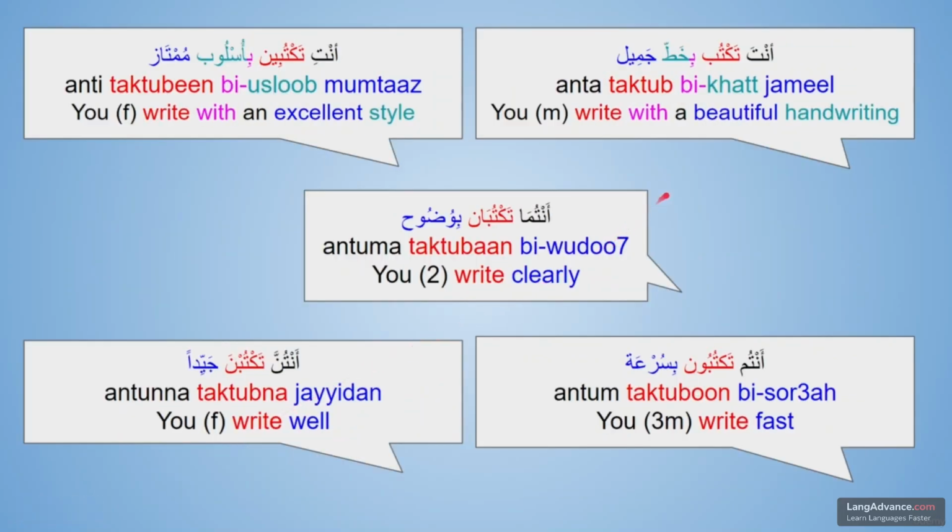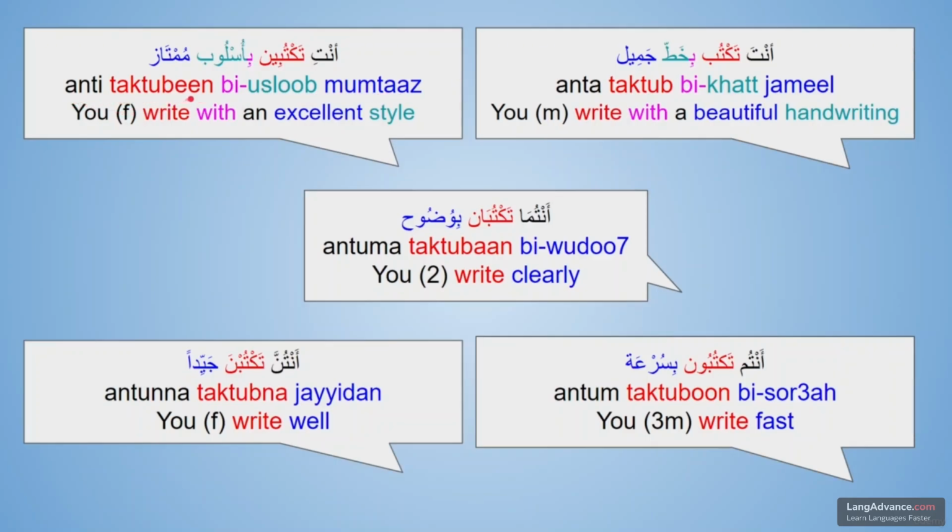And then for the second person in the present, we can say something like you, addressing a male, write with a beautiful handwriting, أنت تكتب بخط جميل. And then addressing a female, you write with an excellent style, أنت تكتبين بأسلوب ممتاز.